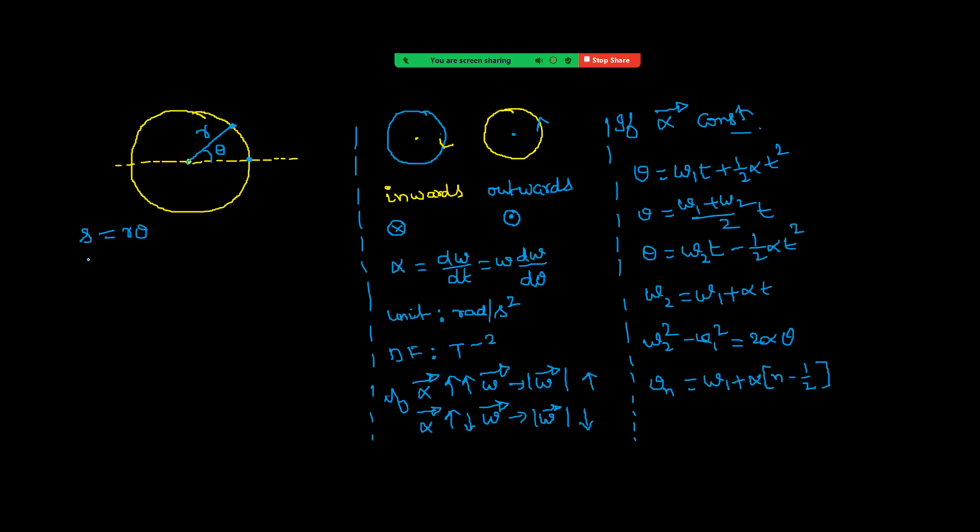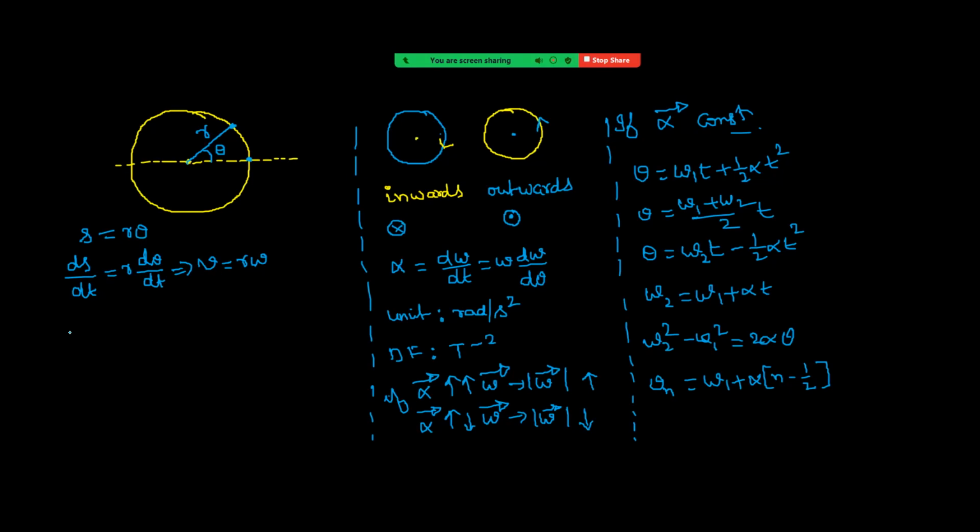Let us see now the rate at which distance is covered. That is ds by dt, equal to, since r is a constant, in the sense distance of the particle from center is a constant, r into d theta by dt. That implies speed, remember this is the rate at which distance is covered, that is speed, equal to r omega. So linear speed, and this is angular speed.